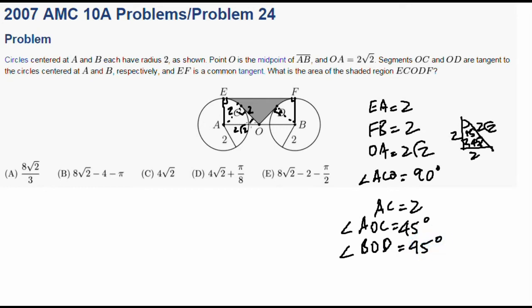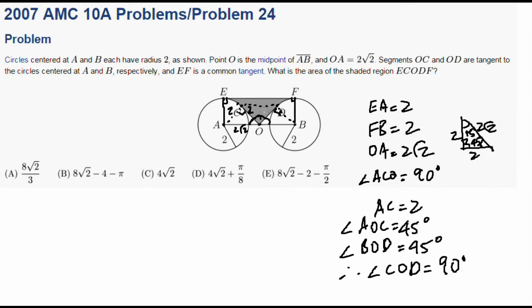And therefore angle COD equals 90 degrees, because this angle plus this angle must equal 180, and so 180 minus 45 minus 45 equals 90 degrees. So this is a right angle. Okay, well that's actually good because that's part of the shaded region, right? Maybe I'll take this triangle out here because that seems like a pretty normal triangle. Okay, so if AC is 2 and CO is 2, that means CO is 2.